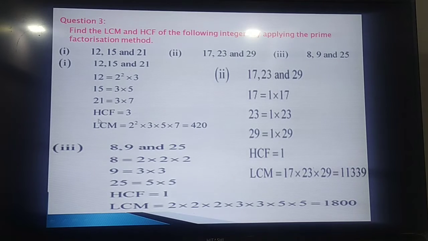So HCF is 3. So we write 3 in the LCM, and the remaining are 2 square, 5 and 7. In this case 3 is common, so we write it once. So LCM is the HCF and the uncommon factors, 2 square into 5 into 7, that is 420.